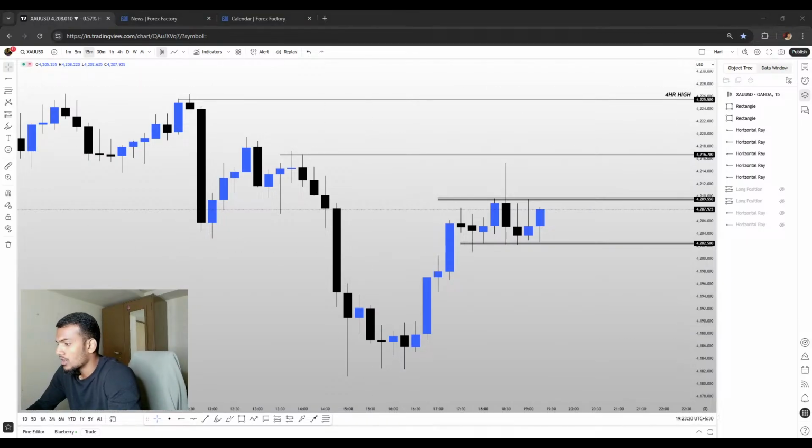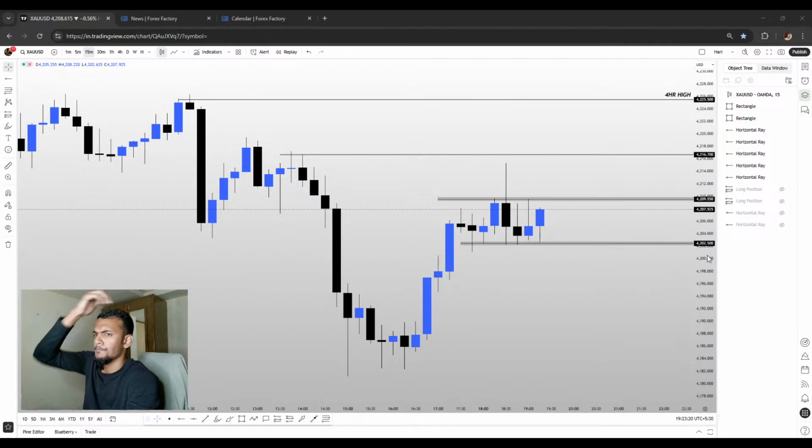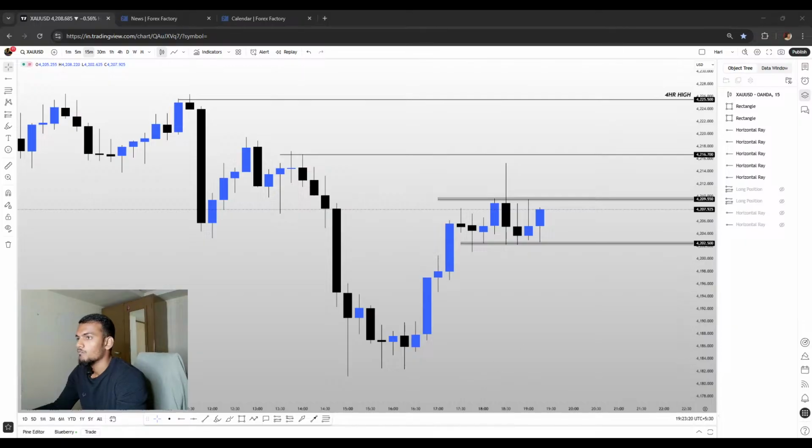What do you think, boys? Is the price action going to be bullish or bearish? Let me just start a poll. Let me know your answers in the polls, boys.